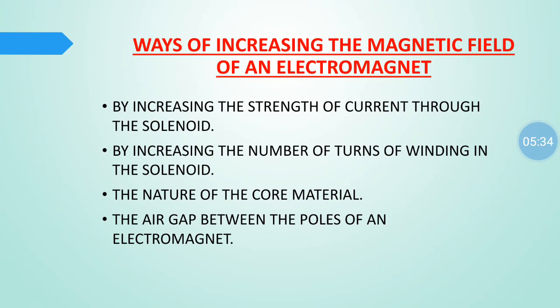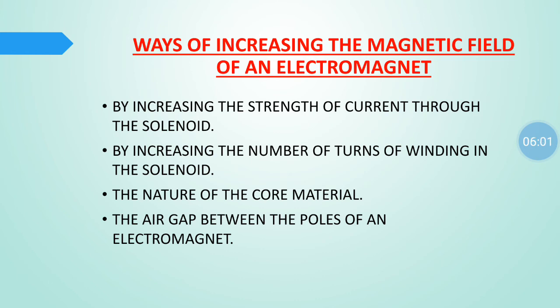Now, what are the ways to increase the strength of magnetic field of an electromagnet? We can increase the strength of an electromagnet by increasing the number of turns of the coil. Second, we can increase the strength of an electromagnet by increasing the strength of current passing through the solenoid.